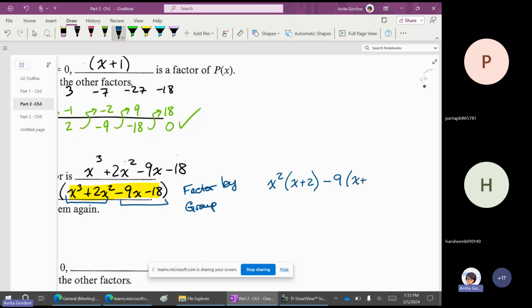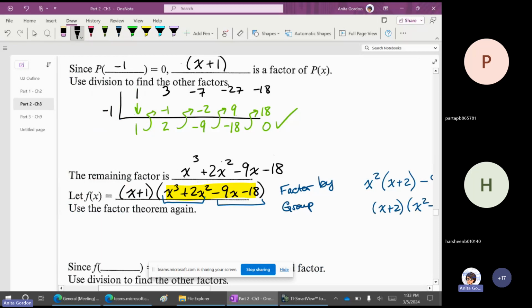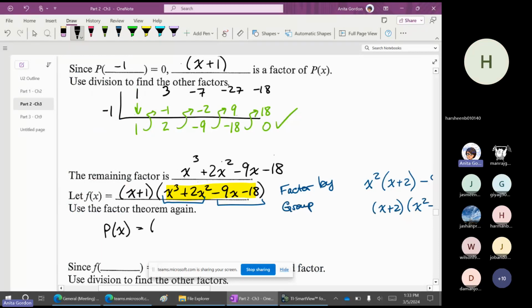That leaves me with x plus 2. Okay, that works. So x plus 2 and x squared minus 9. So P of x is x plus 1, x plus 2, x squared minus 9.